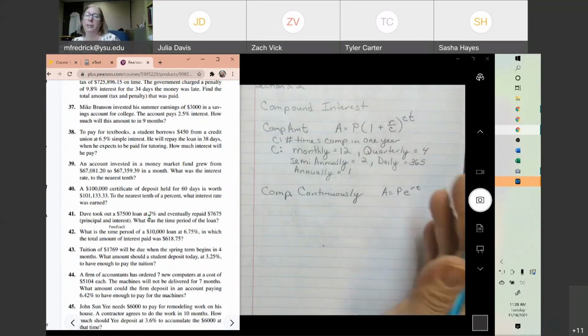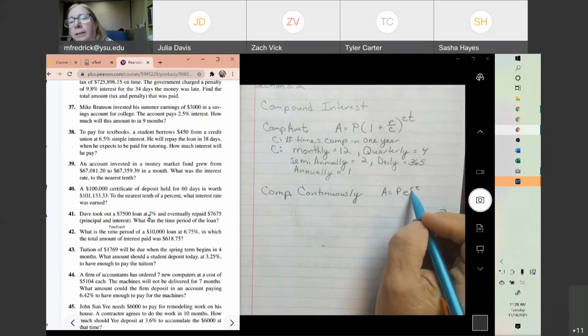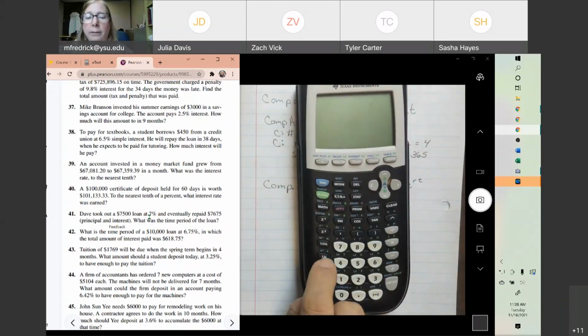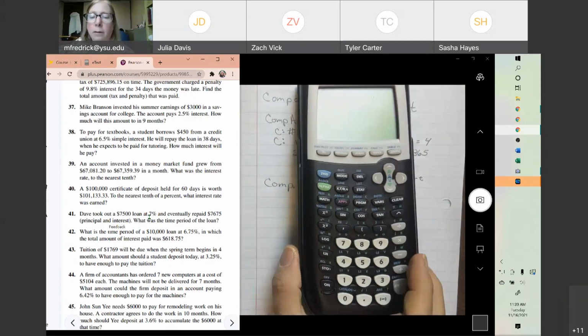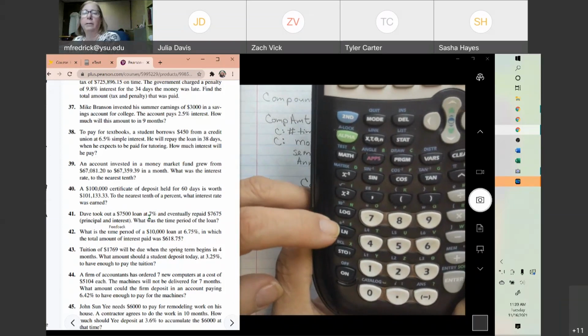These variables are all the same ones. Future value, starting amount, the rate as a decimal, time in years. E is a function in your calculator where your LN button is. So it's right here.